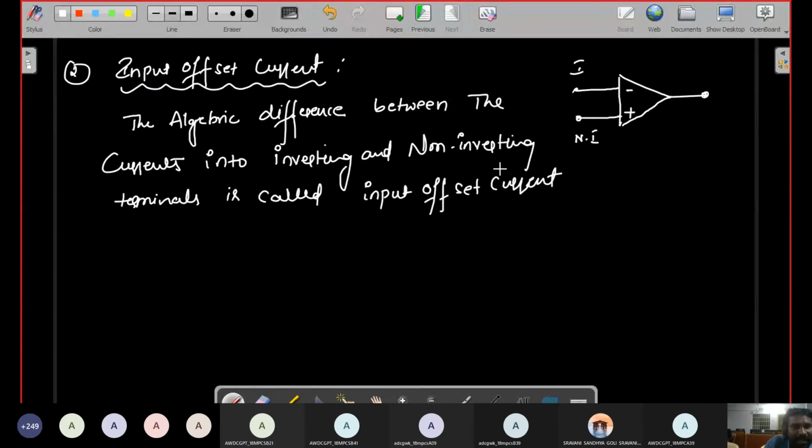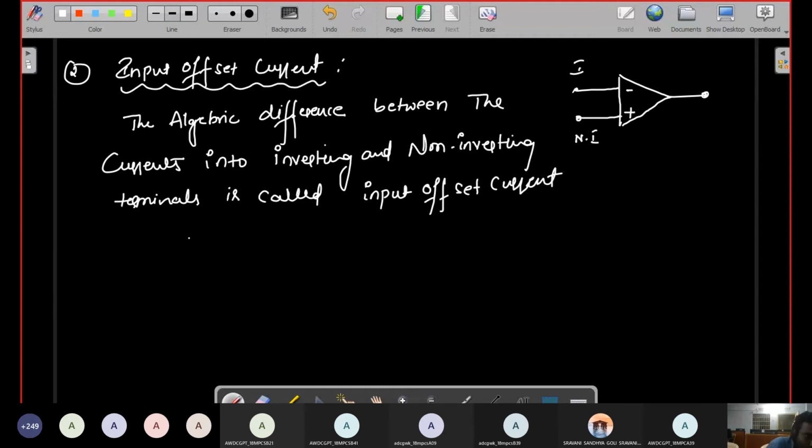Okay, so this is the exact definition of input offset current. Whatever currents are given to the input, inverting and non-inverting, the algebraic difference of those input currents gives the input offset current.